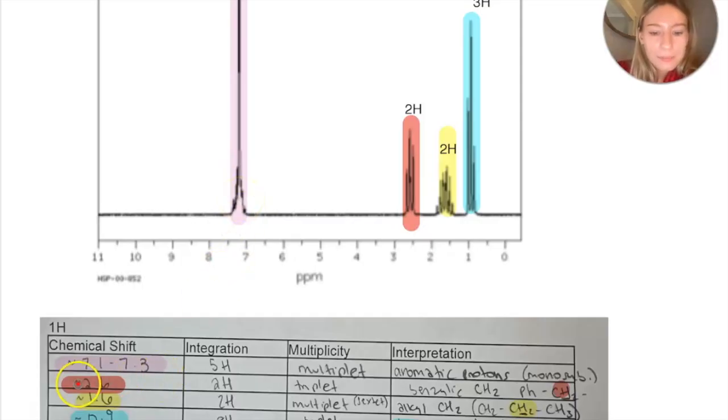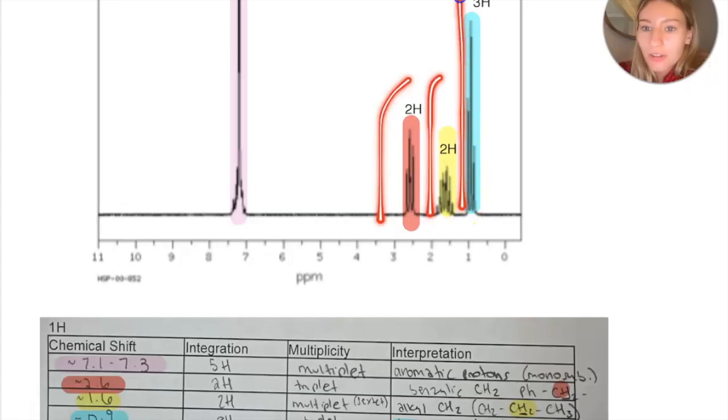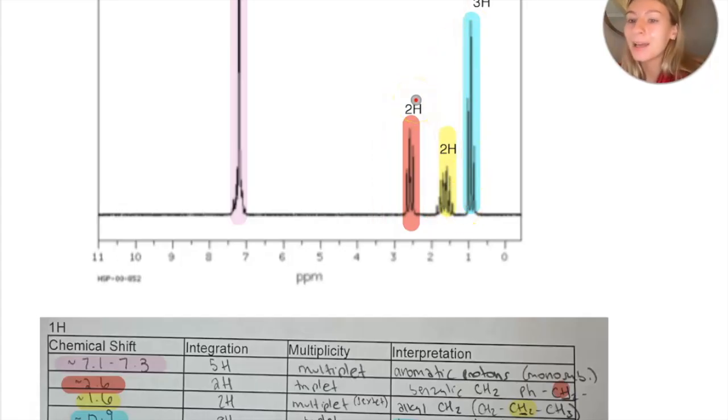So the next one at 2.6 is a 2H. So we also only have 3 more sections here. So this goes along with our idea, oh, we have a benzene ring plus just a 3-carbon chain. So this is a 2H, meaning it could be a CH2. And then it's far enough downfield where it could be our benzylic CH2.